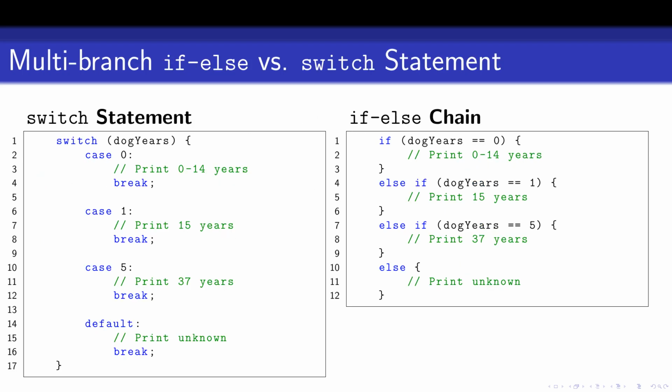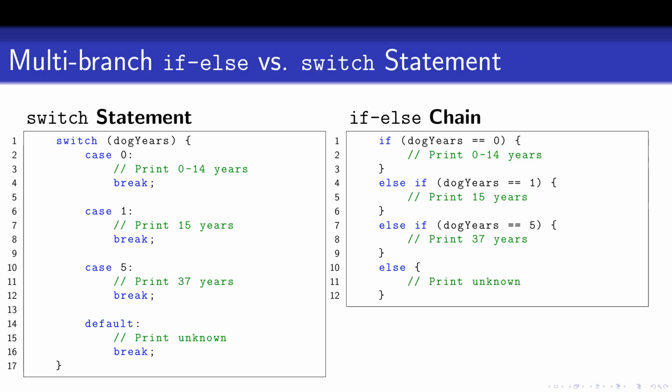When comparing switch statements to multi-branch if-else chains, the key difference is readability. Both approaches are functionally equivalent when comparing one variable to several constant values. But a switch avoids repeating the variable name in each condition and organizes your logic into clearly separated case blocks.